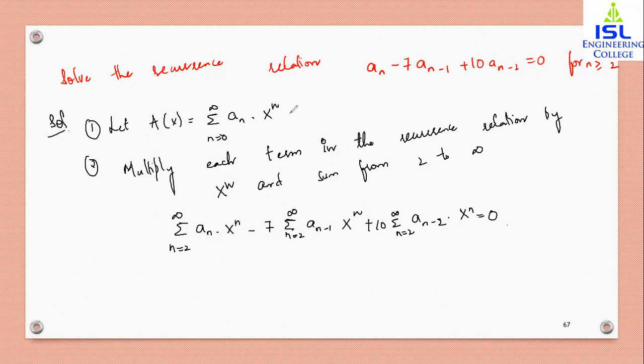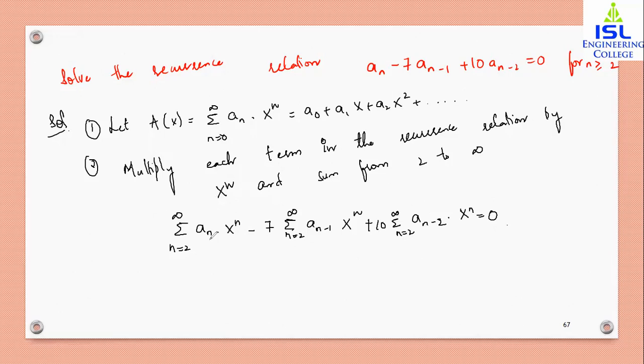But A(x) is given as, let's just write all the terms instead of writing the summation. So the sum from n equals 0 to infinity of a_n x^n: the first term will be a_0 x^0 plus a_1 x plus a_2 x^2, and it goes on up to infinity.